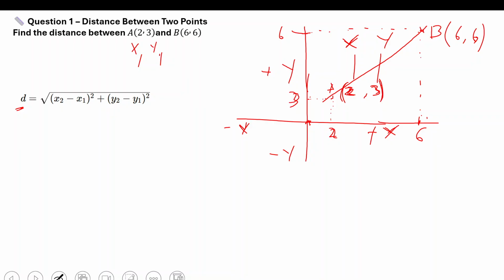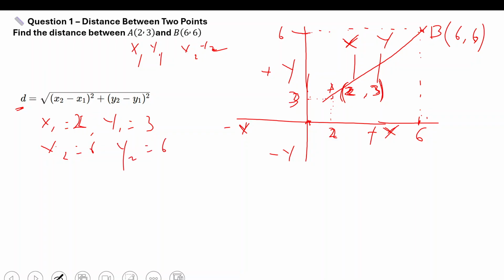For the point B, I have x2 and y2. So it means that x1 for point A is 2, y1 is 3, then x2 is 6, and y2 is 6.